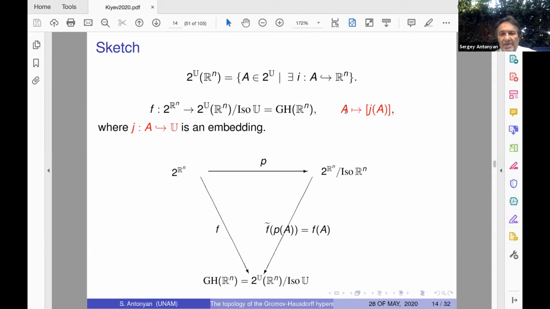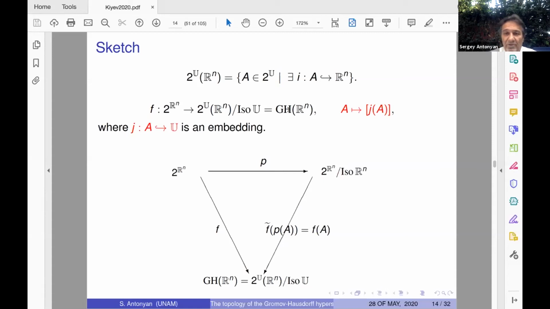We send A to the isometric class of JA, where J is an isometric embedding. So we understand that the isometric embedding is not unique.